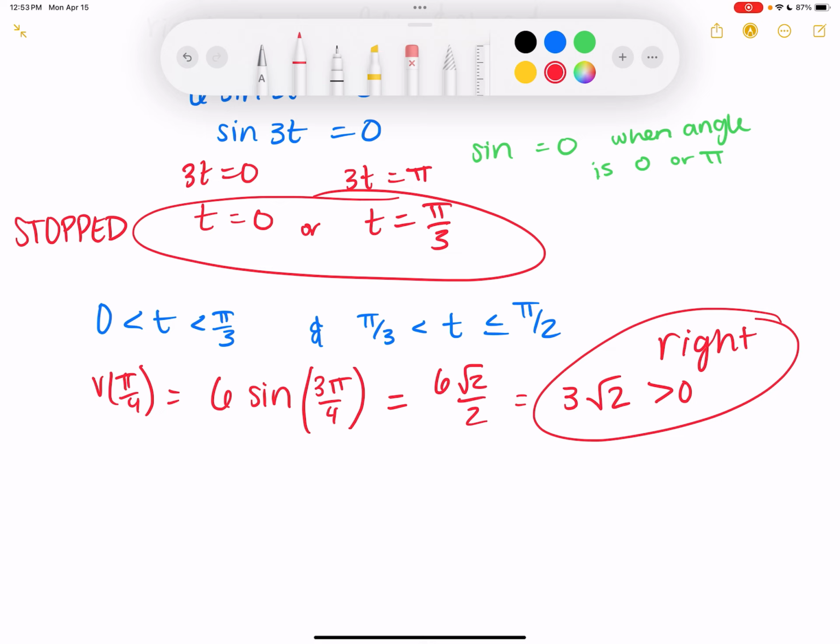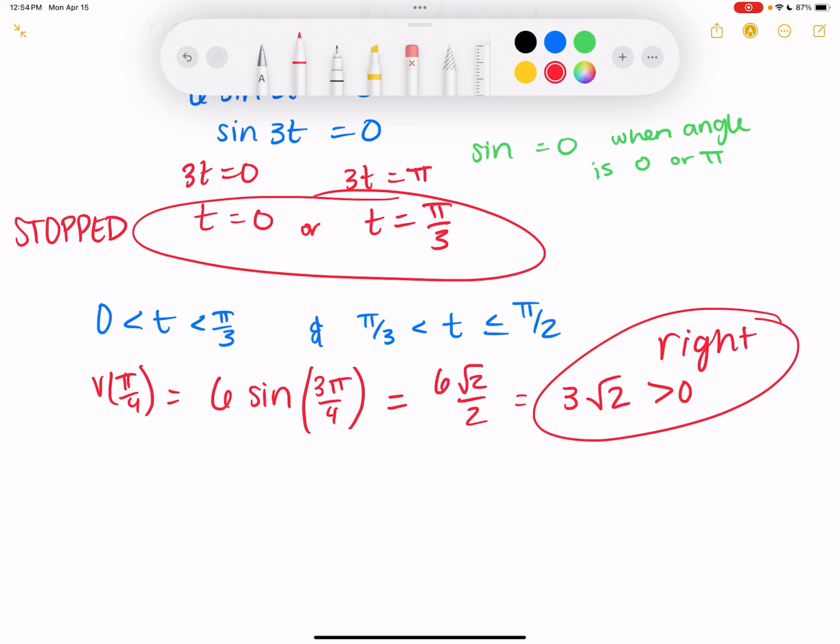No, it needs to be between it. 5 pi over 12. Because it's smaller than pi over 2 and it's a little bigger than pi over 3. You got it. That's increments of 15 degrees.